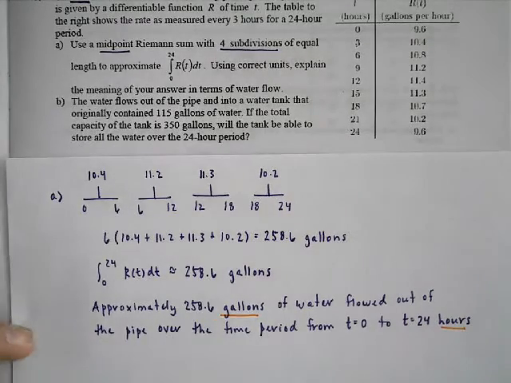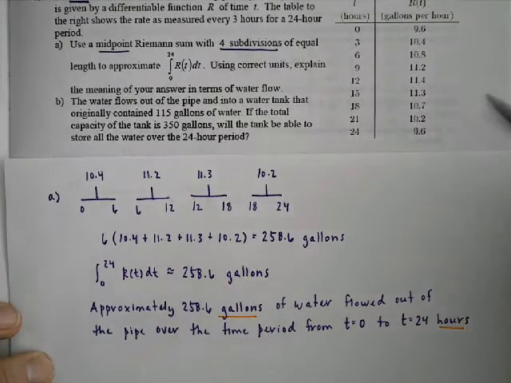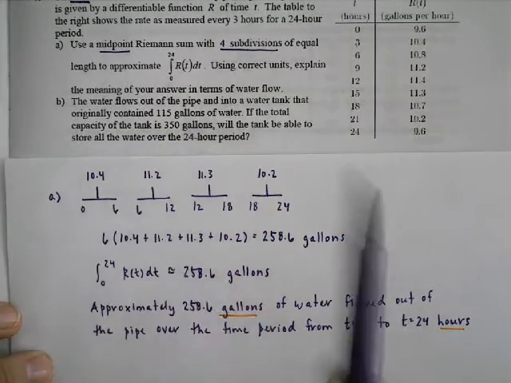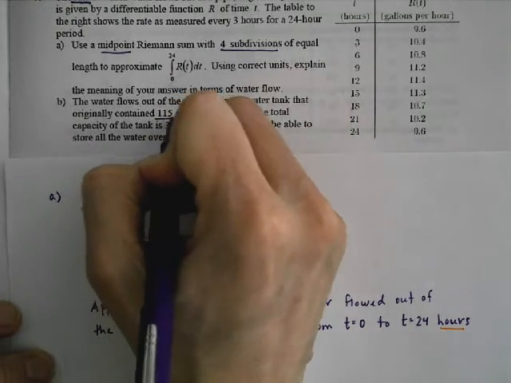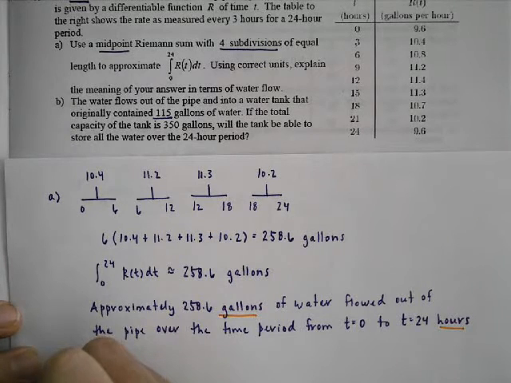Okay, so then for part B, it says the water flows out of the pipe and into a water tank that originally contained 115 gallons of water. So we're getting an initial value here. So if the total capacity of the tank is 350 gallons, will the tank be able to store all the water over the 24-hour period? So let's see.